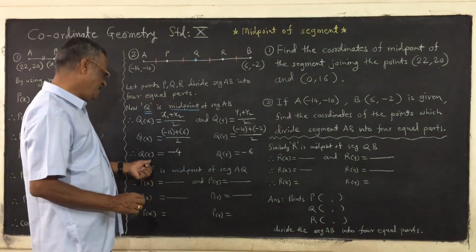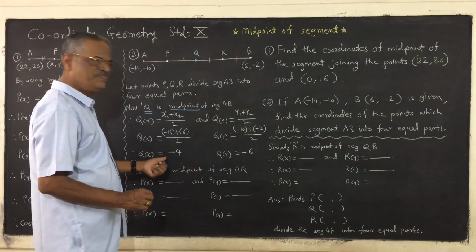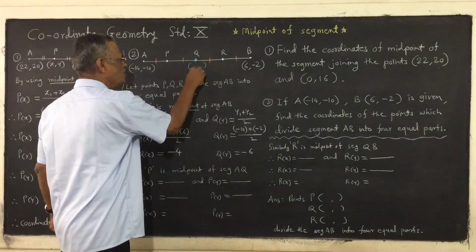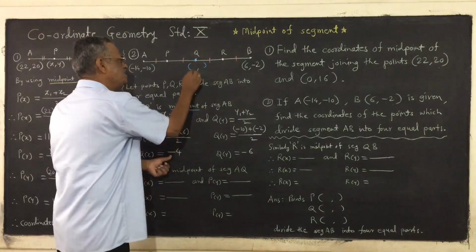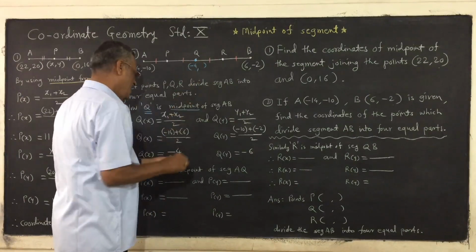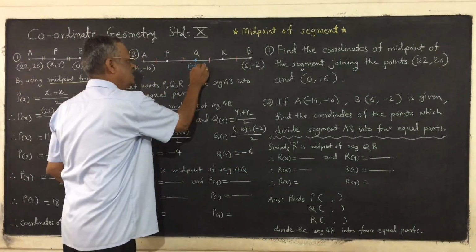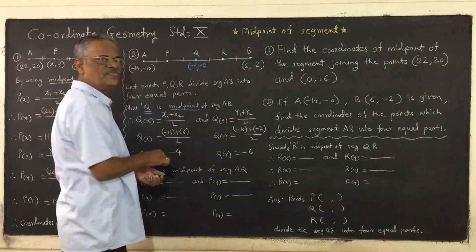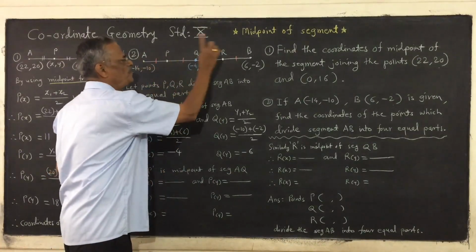So you get the coordinates of Q: minus 4 and minus 6. These are the coordinates of point Q, the midpoint of AB.